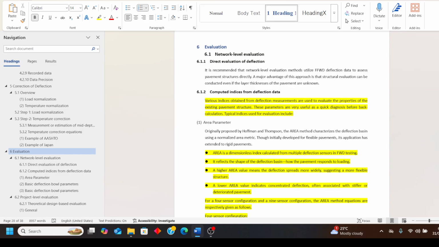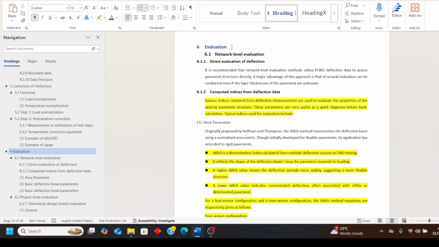The network evaluation is broad, for asset management and prioritization, but the project level evaluation is detailed, for the design and strengthening of a specific road project. Both paths use the same raw inputs, which include deflection, temperature, and load, but they apply different analysis depth.